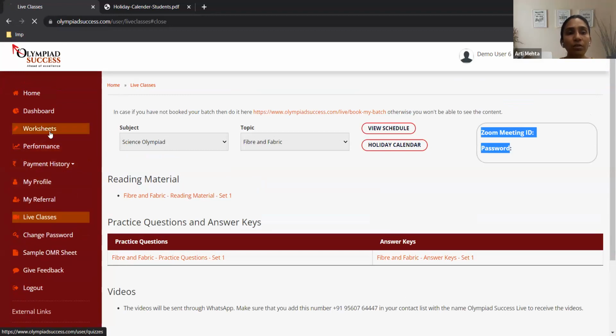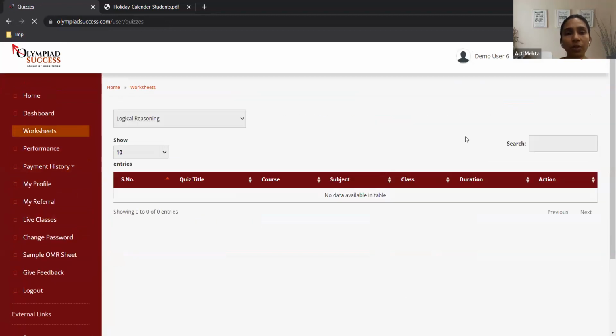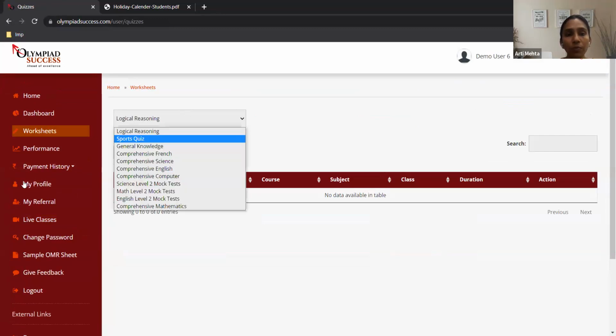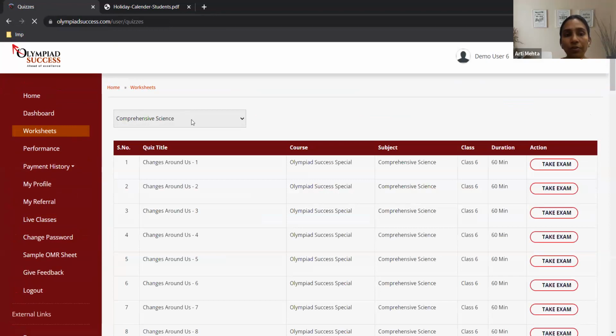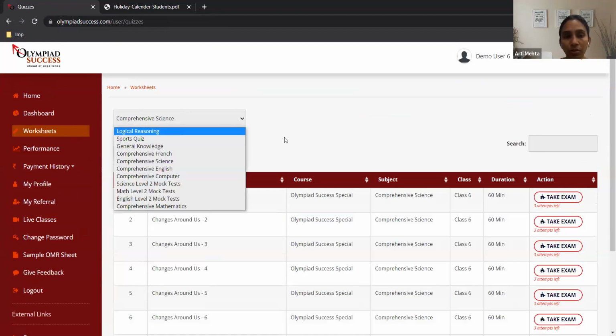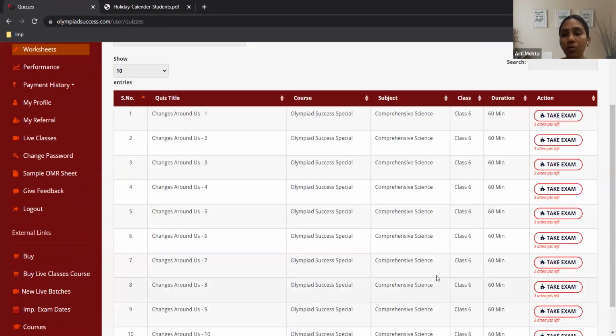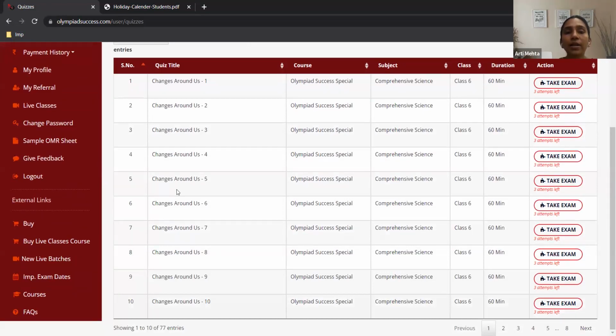Now the next important thing is the worksheets part. As Monica ma'am had mentioned, you would be getting access to topic-wise worksheets for science and logical reasoning. You just have to go to the worksheet section and select science or logical reasoning. Both of these would be available to you. Click on the take exam button and take the examination.